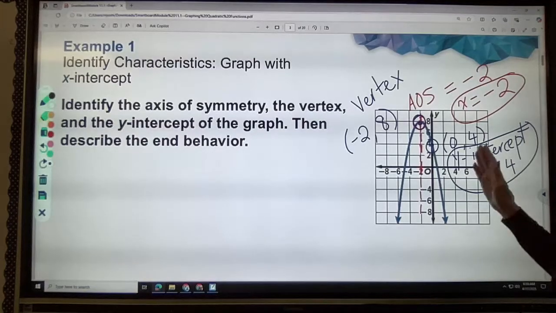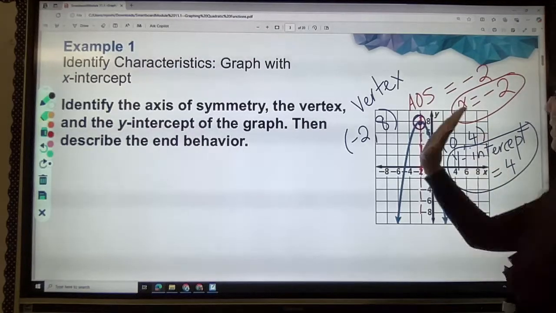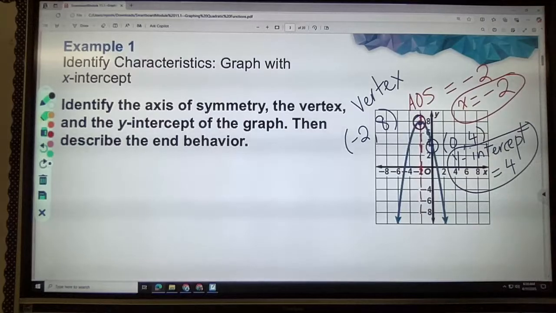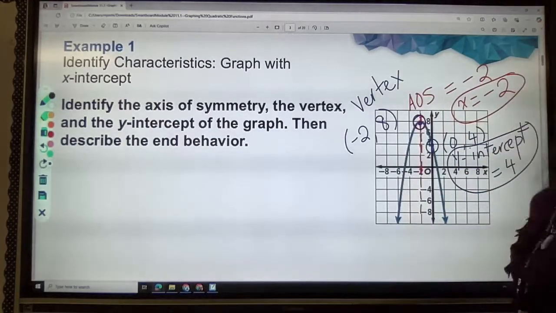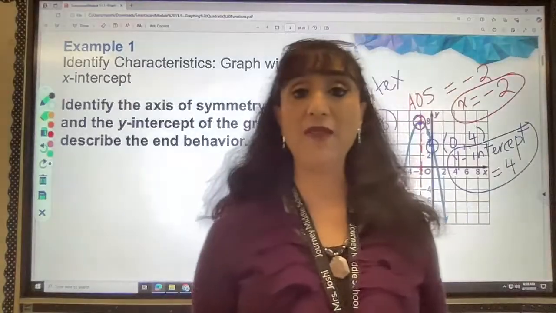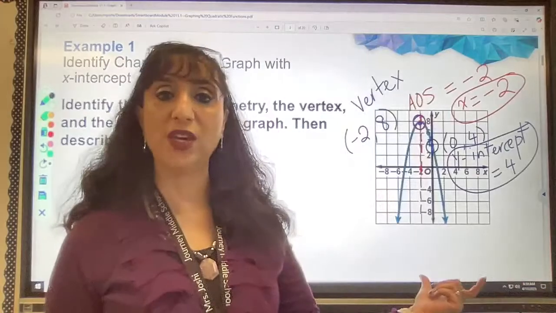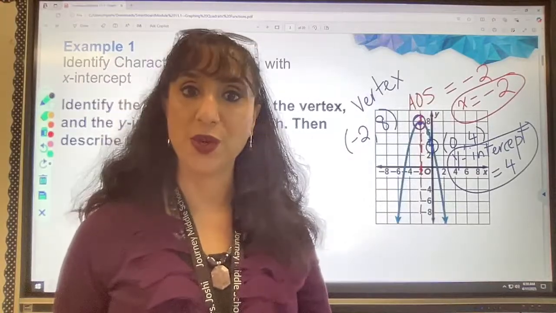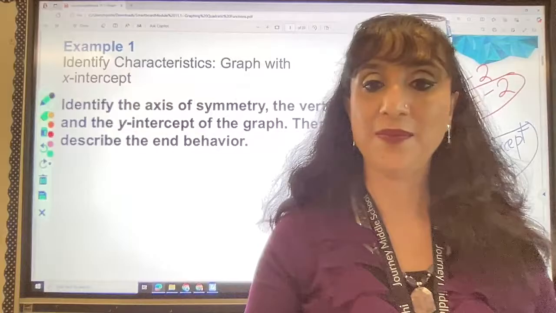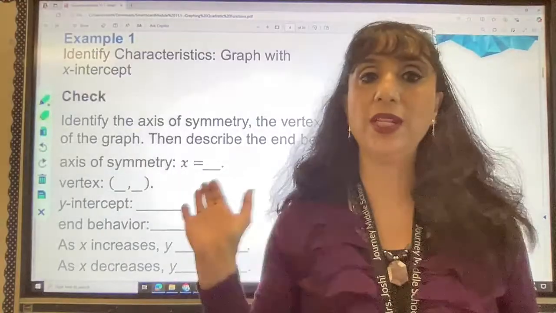As x is increasing or decreasing, what is going on with y? Y is decreasing in both cases. So the end behavior is telling me that as x increases or x decreases, my y is also decreasing. All right, let's do another example.